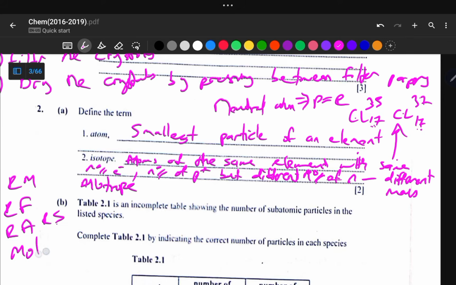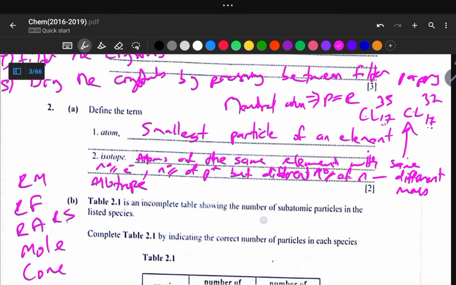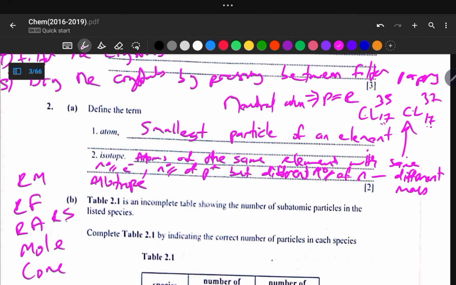You should also be able to define the terms mole and concentration, right? These are terms which can be examined for your general fundamental principles of chemistry.